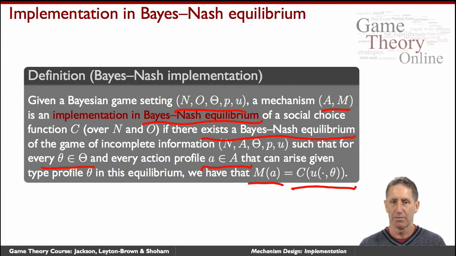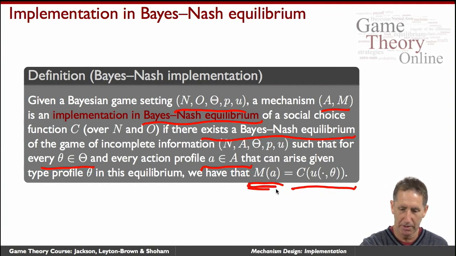Here we have probability distributions, and so there can be multiple actions that instantiate these action profiles, these strategies. And we want it to be the case that every action profile would lead, by definition, to some outcome according to this mapping.